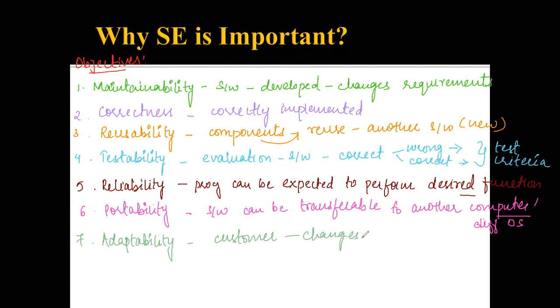So the software that you are developing should be able to make changes within itself so that the customer is satisfied. So these are the 7 objectives. The software that you are developing should have all these 7 different features.